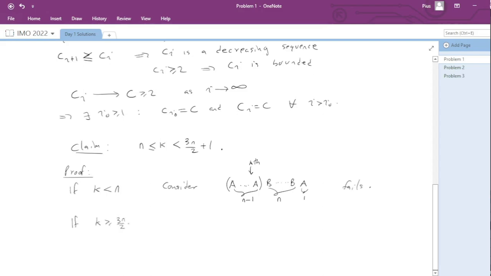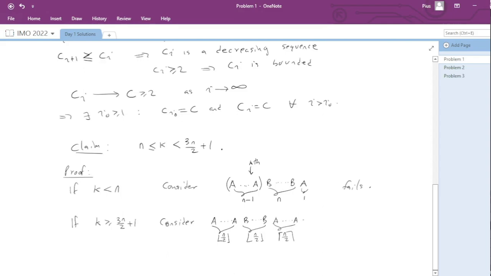Okay, so next, if we have k greater than or equal to 3n over 2 plus 1. Okay, so this also lies outside our range. So we want to provide another counter example for this. So this time we take this initial arrangement, where there are floor of n over 2 A's, then we have B's, n over 2, and then A's, so the rest of it, which will be the ceiling.